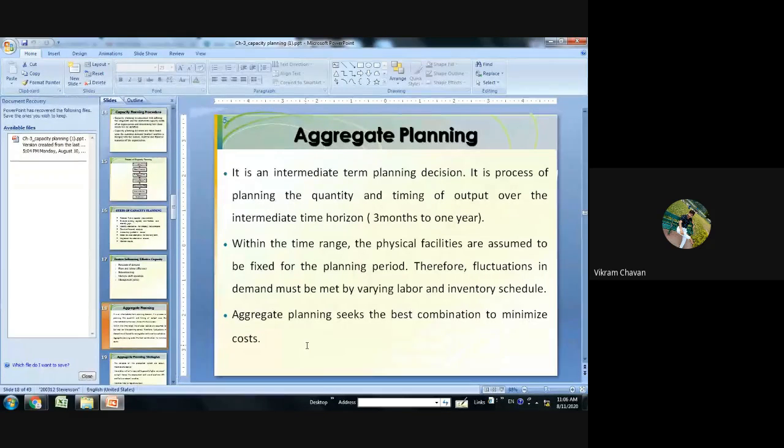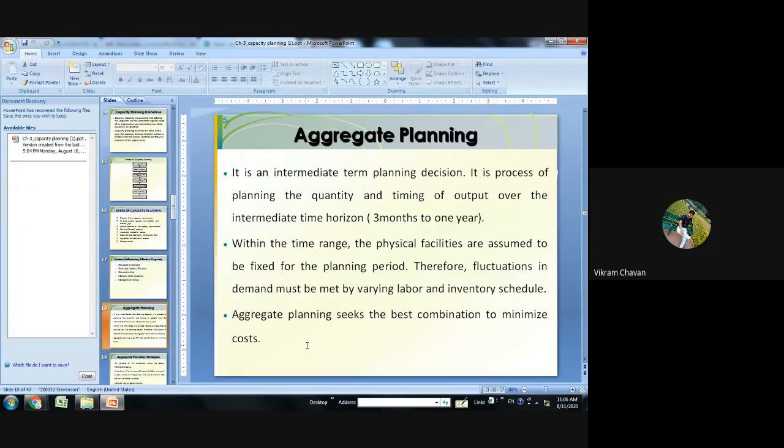First one is the labor force, and second one is the inventory. Now why are we varying labor and inventory? The company or firm wants to reduce the cost of production so that the profit will increase. That is the objective, to vary the labor and to vary the inventory.